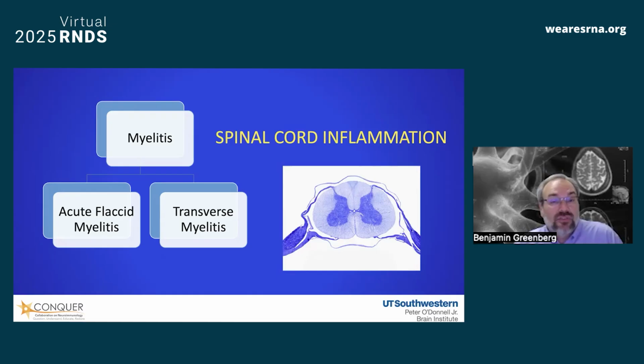There is an initiative underway, and we hope to be published next year, to suggest removal of the word transverse because it's often very confusing to individuals. And we support the approach of defining myelitis as gray matter centric, white matter centric, or involving both. But anatomically, spinal cord inflammation is referred to as myelitis.